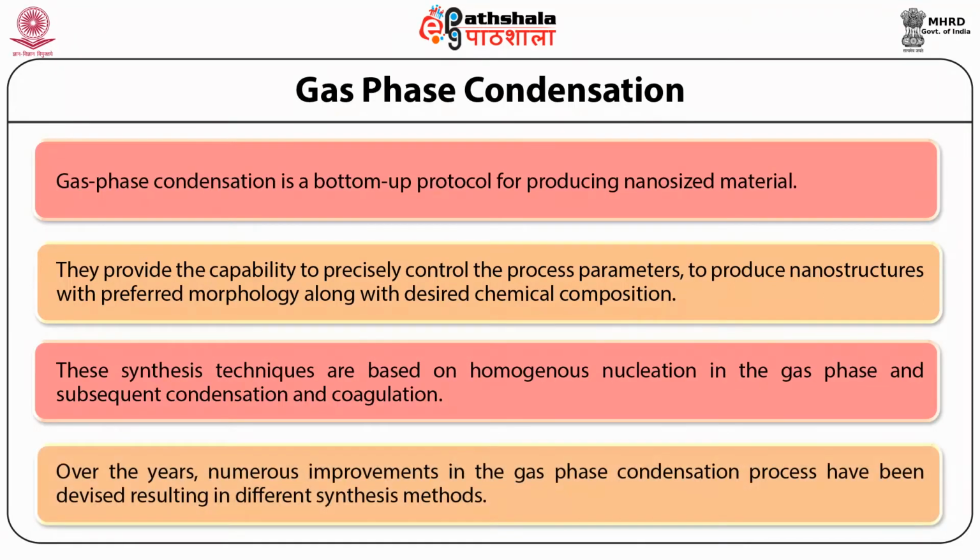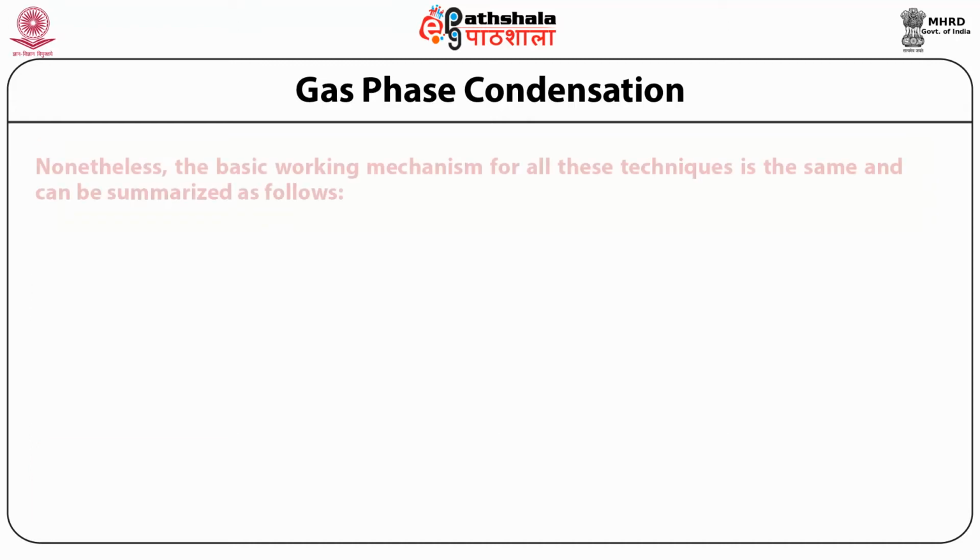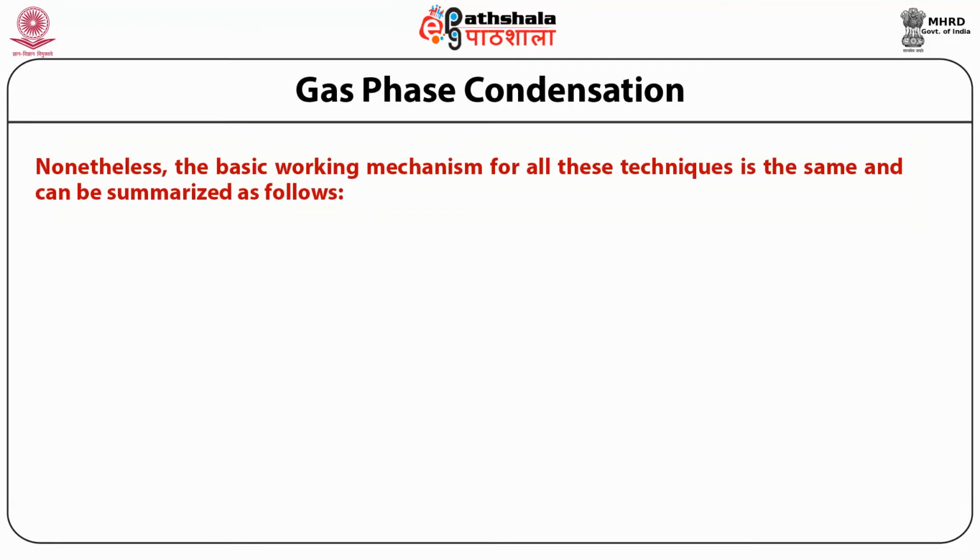Over the years, numerous improvements in the gas phase condensation process have been devised, resulting in different synthesis methods. Nonetheless, the basic working mechanism for all these techniques is the same and can be summarized as follows.